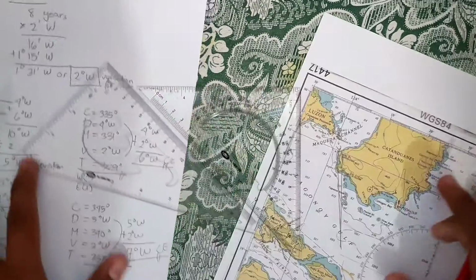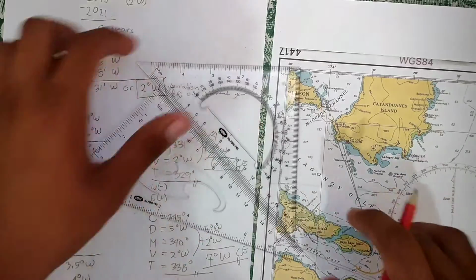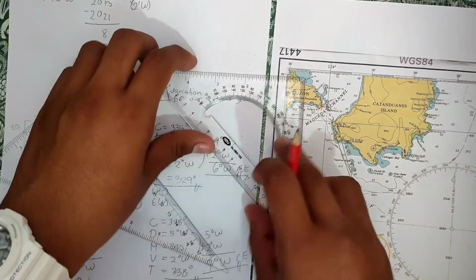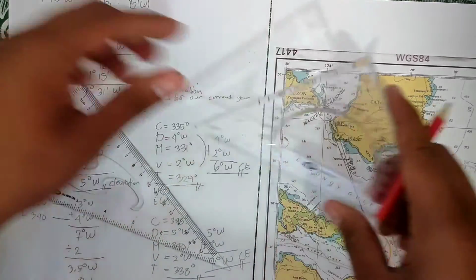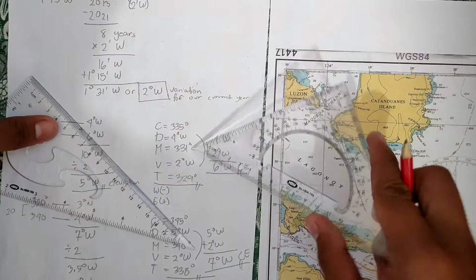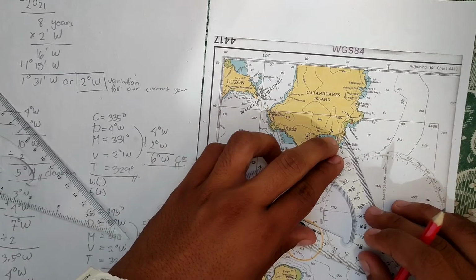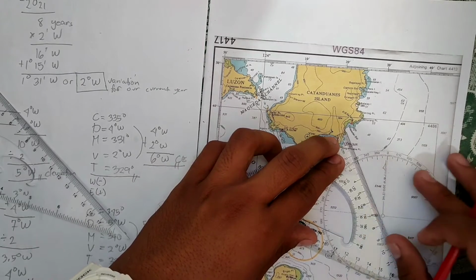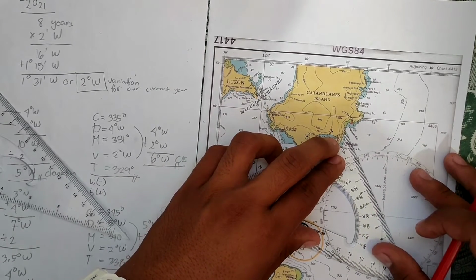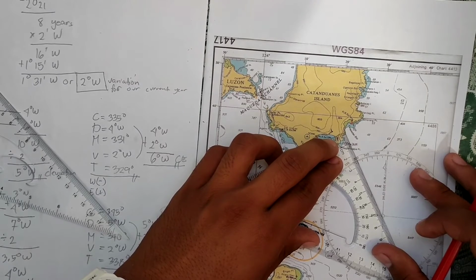The next thing we will do is find our magnetic course. Our magnetic course is 331 degrees. Same thing, find 331 degrees using our triangle ruler.